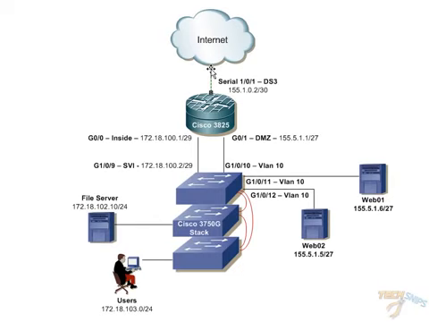Our ISP instructed us to use the 155.1.0.2/30 IP as the management IP for this DS3 connection. And we were also assigned a /27 block of publicly accessible IPs that we can use for our network devices, such as you see here Web01 and Web02, which are our web servers on the DMZ.